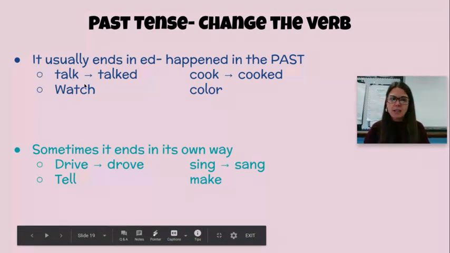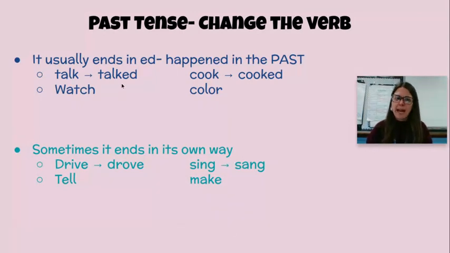So talk becomes talked. We add an ed. Or cook becomes cooked. We could say, I cook this right now, or I cooked dinner yesterday. We add the ed. Let's try these two together. Watch, I watch TV. Yesterday, I watched TV. We would add an ed.